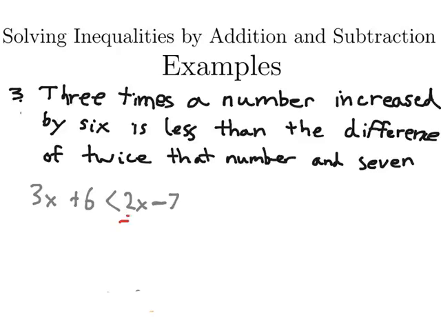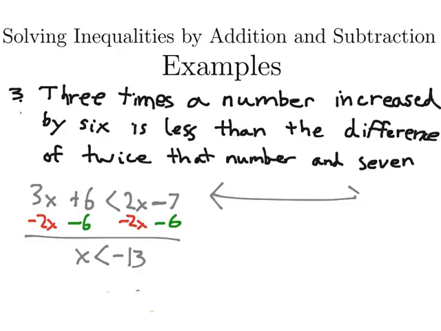To solve, I'll subtract 2x from both sides, and I'll also subtract 6 from both sides. This will give me that x is less than negative 13. So I can express that on a number line.